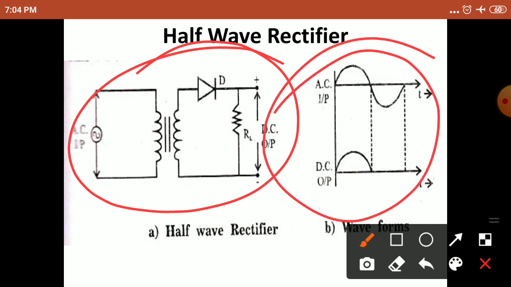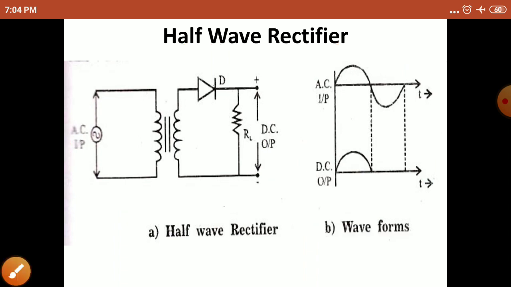Let me explain the operating principle of half wave rectifiers in brief, because although it is not included in your module, it helps in understanding full wave rectifiers. We'll discuss half wave rectifier operation first and then go to full wave rectifier operation.